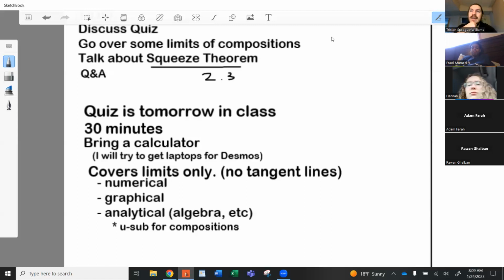It's not really as rigorous of an approach because it does rely on making a guess, whereas evaluating a limit analytically, solving isn't really the word we use, is more like using algebra to simplify it.